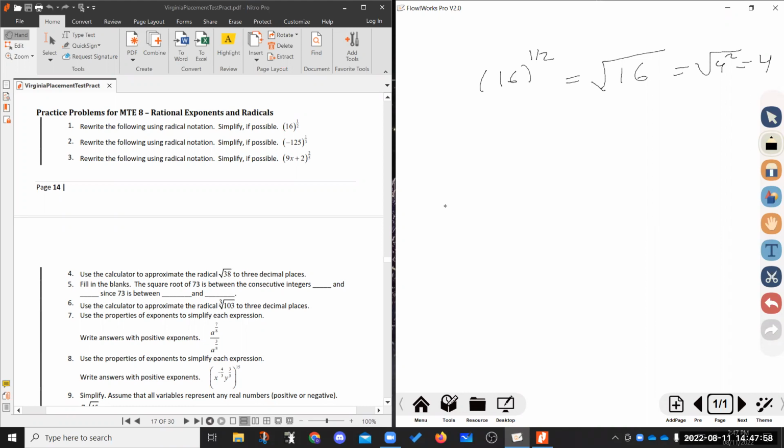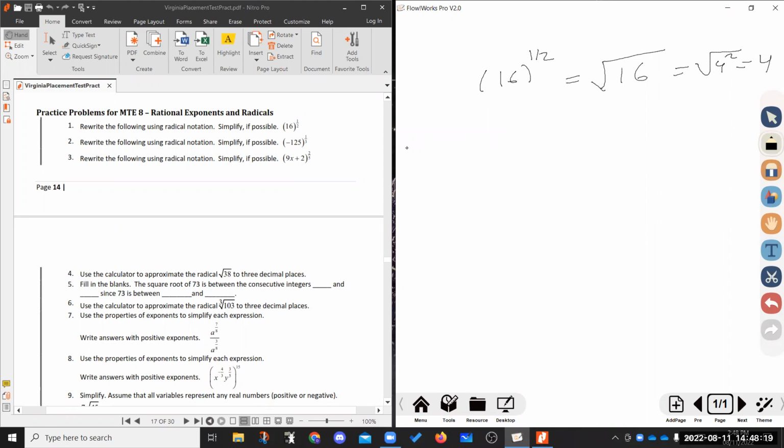You're going to want to know your perfect squares and perfect cubes for this part. Remember that you're not allowed to take the square root of a negative number and get a real answer. We're going to do some of that later in the problem set, where we take the square root of -1 and get answers with i in them. So hang on to that.